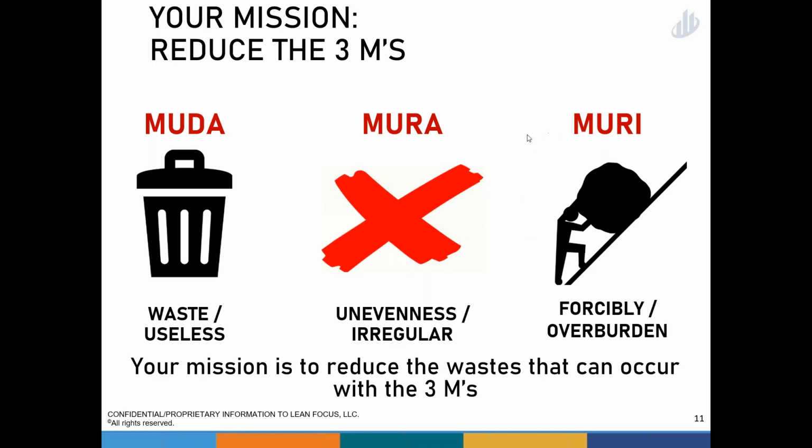And then Muri, this is overburden, the idea that we may or may not have either sufficient talent or, as important, the right talent on the program to deliver against our plan. Okay, so having an honest look at, do we have a very experienced resource doing that, or is this the first time they're doing that on the project, right? And in either case, it's okay.